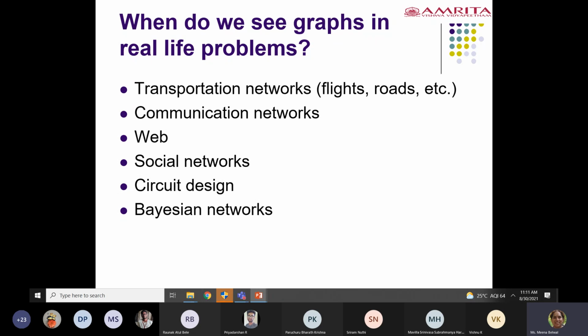Then you have communication networks, you have the web, you have social networks, circuit designing, various kinds of networks, Bayesian networks. Wherever you see a network, a connection, basically you can apply the graph data structure to solve various problems. Okay, why do I want to apply it? Because ultimately I want to solve a problem.